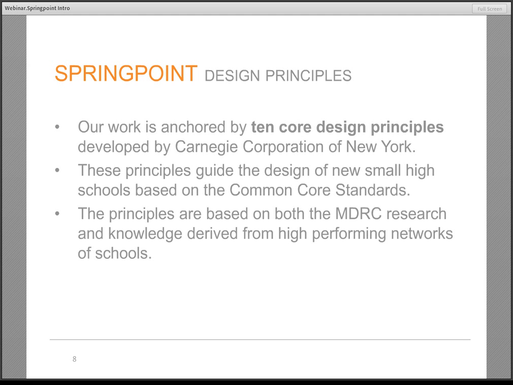All of those schools in these high-performing networks were strategically planned on essential design principles. So the networks and districts created supportive conditions for design teams in order to increase their effectiveness and support the key elements of design. So that's what we base our work on at Springpoint. We're going to be providing our partners that support.